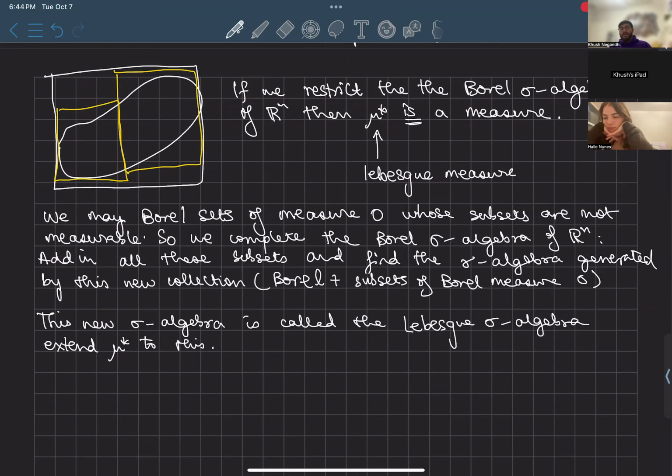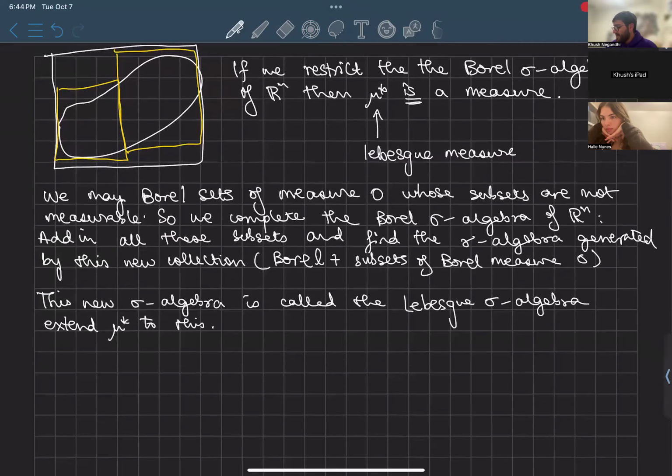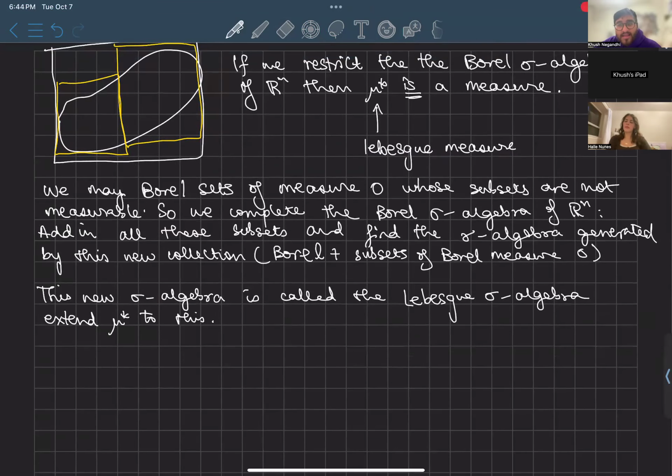We'll use the Borel sigma algebra and the Lebesgue sigma algebra pretty much interchangeably. There's practically no difference. As we'll see, the key motto in Lebesgue integration theory is: if something has measure zero, we don't care about that set. And if you have a subset of a measure zero set, it has to be measure zero. So we've quite literally added these Lebesgue sets that are not Borel just for the sake of completeness.